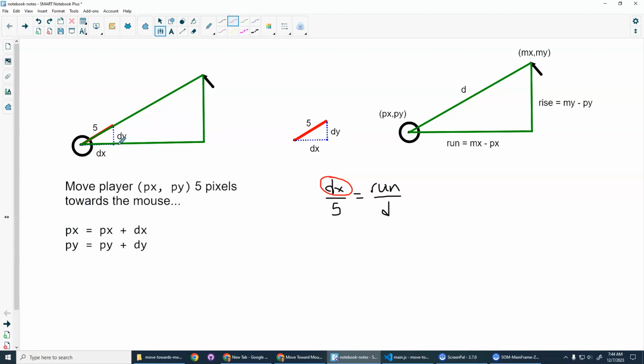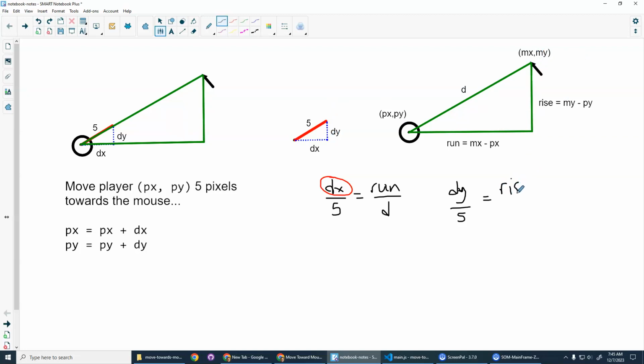Yay! And once I know what dx is, I'm going to move my player by dx, so it'll move horizontally that distance. And in the same way, we can take the ratio of this side to this side, dy over 5, that's a y, trust me. So dy over 5 will equal rise over d, the same ratio.